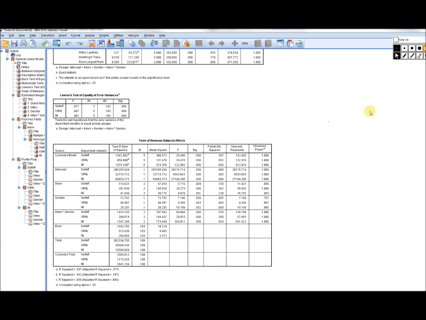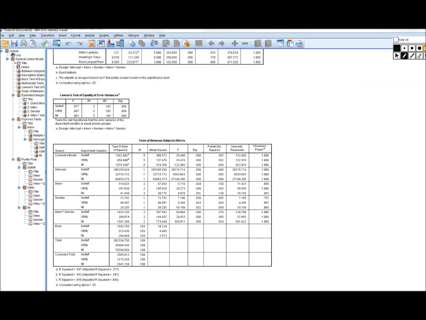So now scrolling down, you can see that by default SPSS gives you univariate ANOVA test results, and what you can see right here is intervention, gender, and the interaction between the two. As you can see, these represent separate factorial ANOVAs looking at the effect of each of the main effects on the dependent variables as well as the interaction.